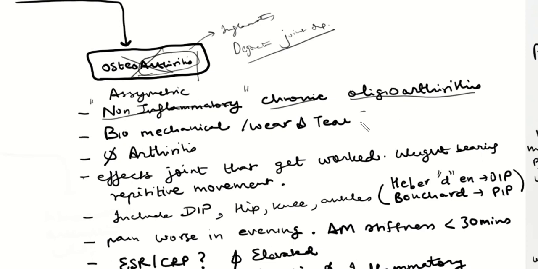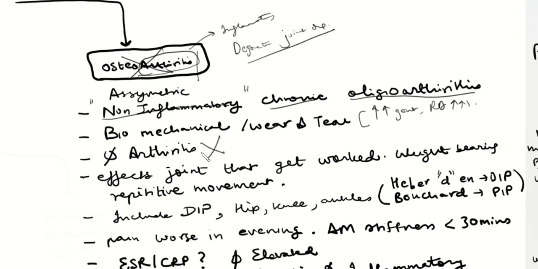Now it can be accelerated if I have things like gout, or pathologies of my joints such as rheumatoid arthritis. But the inherent nature of the joint and its wear and tear leads to degenerative joint disease. So not inflammatory or not arthritis.